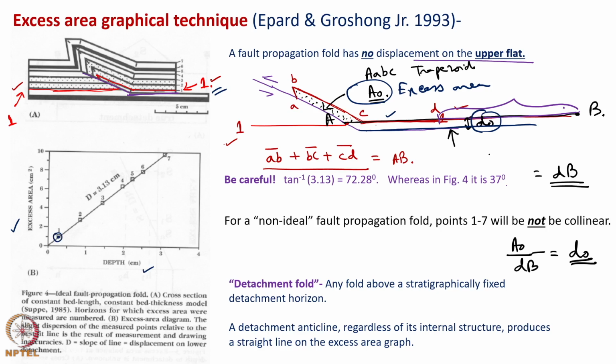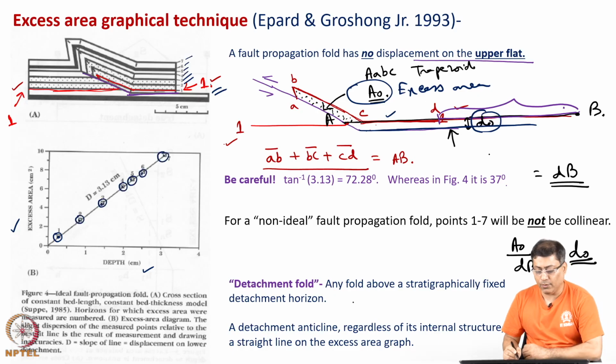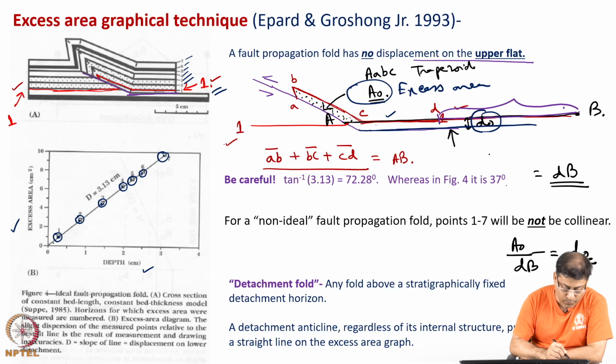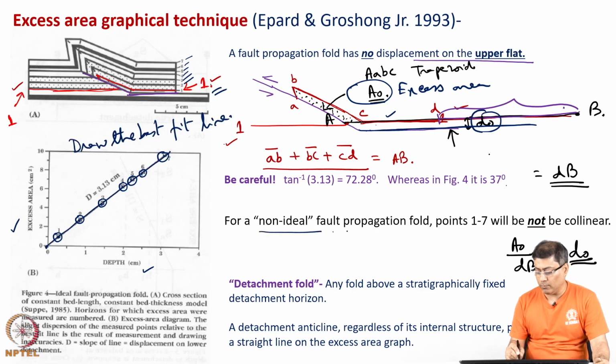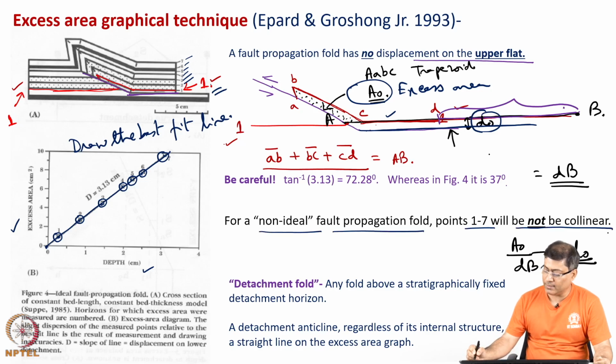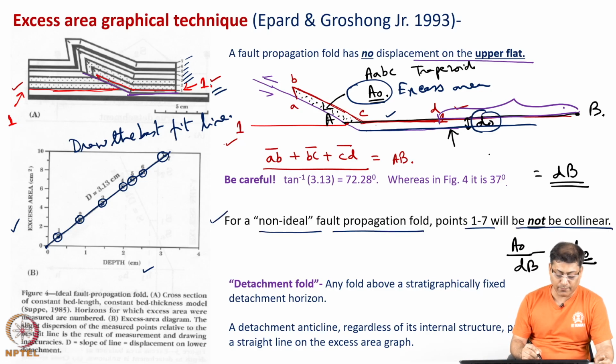Now, what I have demonstrated for layer 1, do for layer 2, 3, 4, 5, 6 and 7 and plot all other points. In an ideal fault propagation fold, all these points and the origin will be collinear. So, draw that line. If not collinear, draw the best fit line. In case of a non-ideal fault propagation fold, points 1 to 7 will not be collinear and this is more realistic situation.